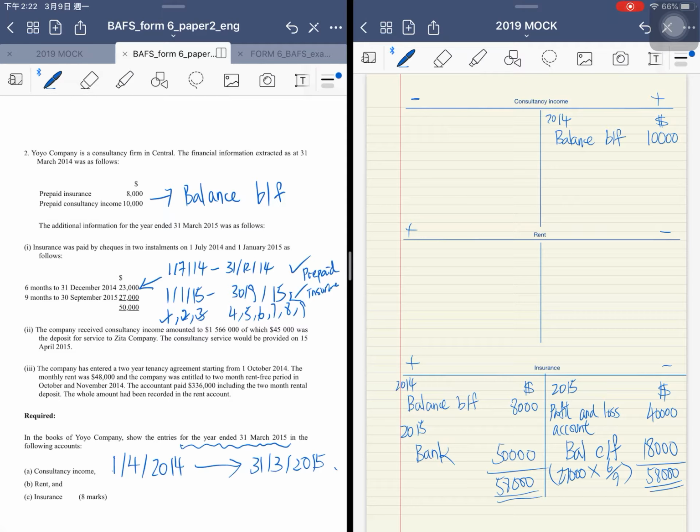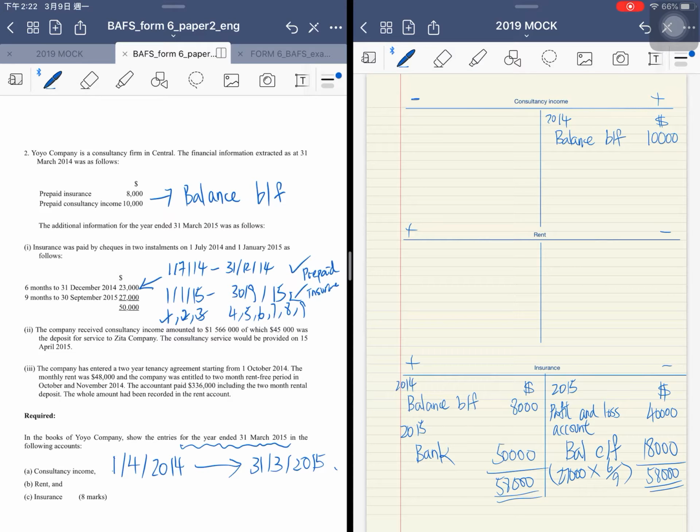Second, the company received consultancy income amounting to $1,566,000, of which 45,000 was the deposit for service to a sister company. The consultancy service will be provided on 15 April.